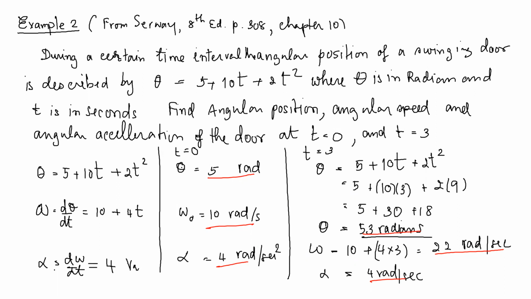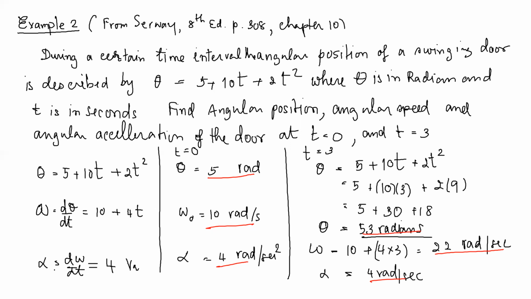Okay, so at t equal to 0, the angular position is 5 radians, the angular speed is 10 radian per second, and the angular acceleration is 4 radian per second squared. Now at t equal to 3 seconds, theta is 5 plus 10 times 3 plus 2 times 9.